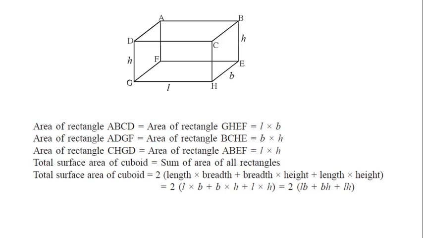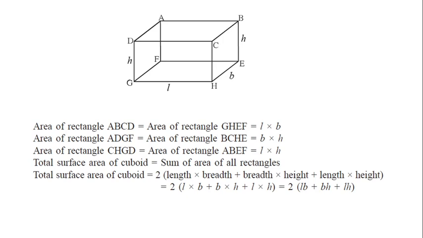Now, to find the surface area of the given cuboid, first of all, we need to know what the surface area is. The word surface tells us it is the outer face. Surface area means it has a total of 6 faces.